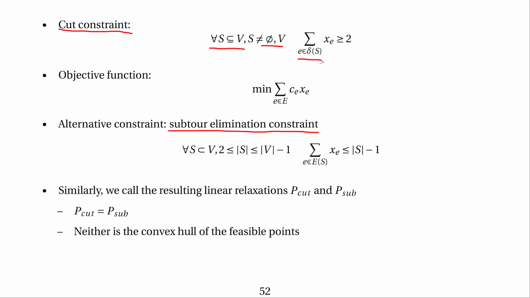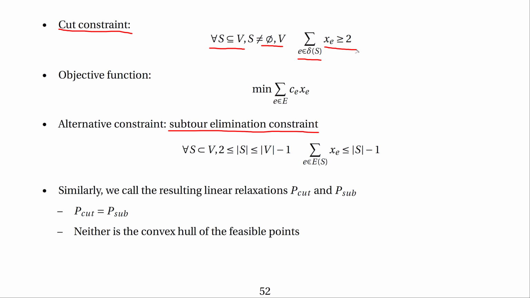Looking at all the edges that are part of delta S, again, these are all the edges with one node inside of S and one node outside of S. So these are all the edges that connect the outside to the inside of S. From all these edges, we want to make sure that two or more of them are selected.